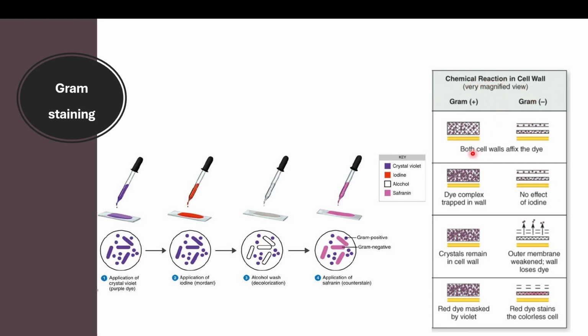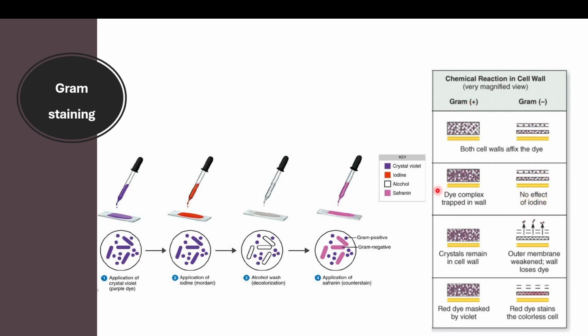So what happens here is, in case of both gram positive and gram negative bacteria, both cells affix the dye. And the dye complex is trapped in the wall because there is the thick peptidoglycan layer in case of gram positive cells.